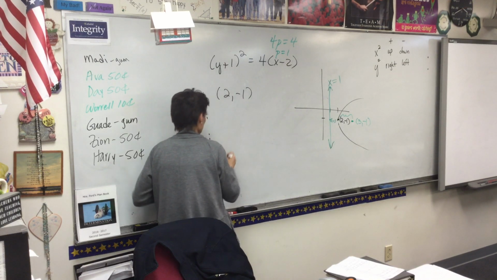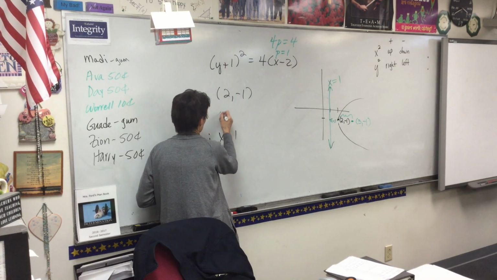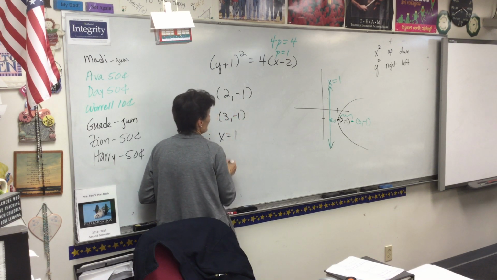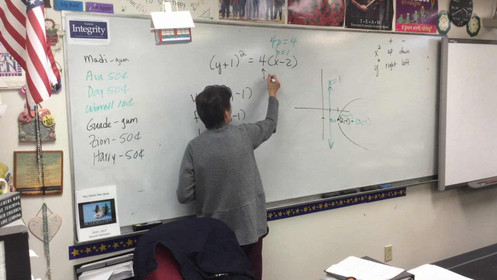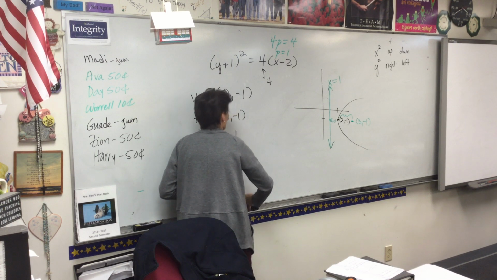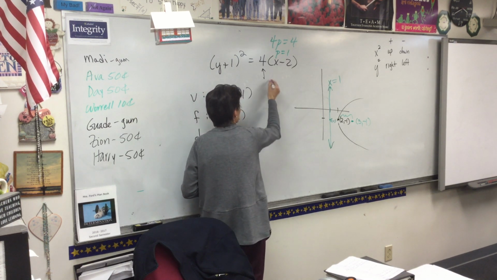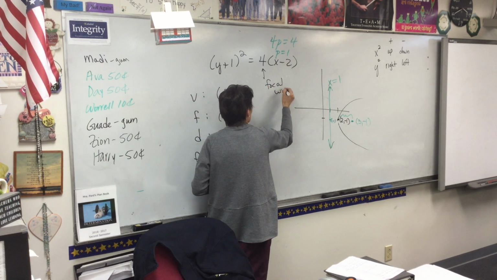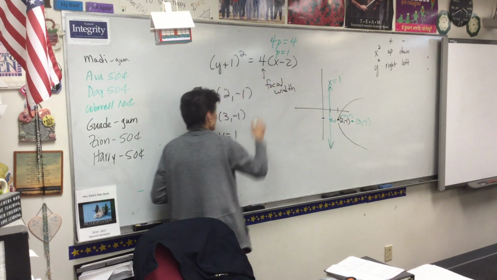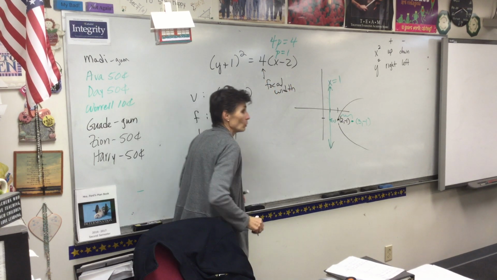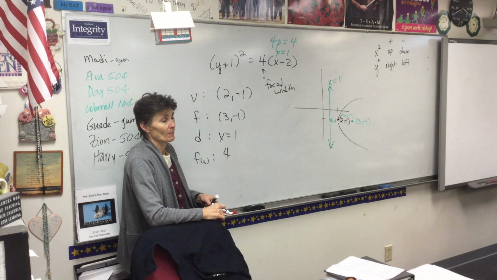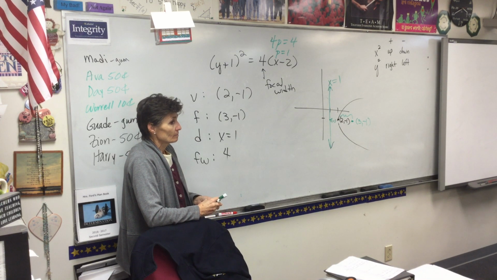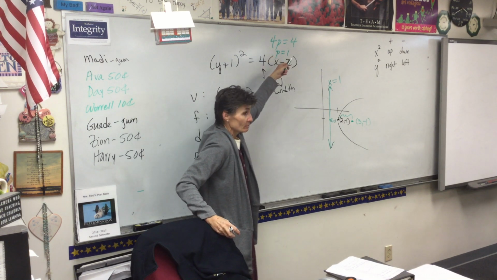We need the focal width. What's the focal width? The focal width is 4P. That number is the focal width. Come on, guys, we talked about this yesterday. Take some notes. The focal width is just that number. 4P is the focal width, and 4P is 4.